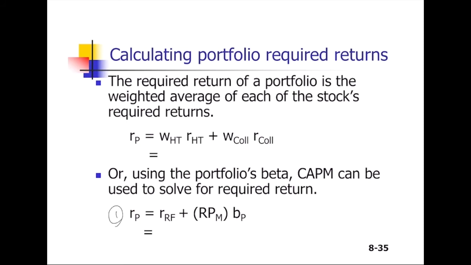And there's one more method to calculate the required return of this portfolio. I want to calculate this one first because we already know all these numbers. What are RRF and RPM? The risk-free rate and market risk premium, right?